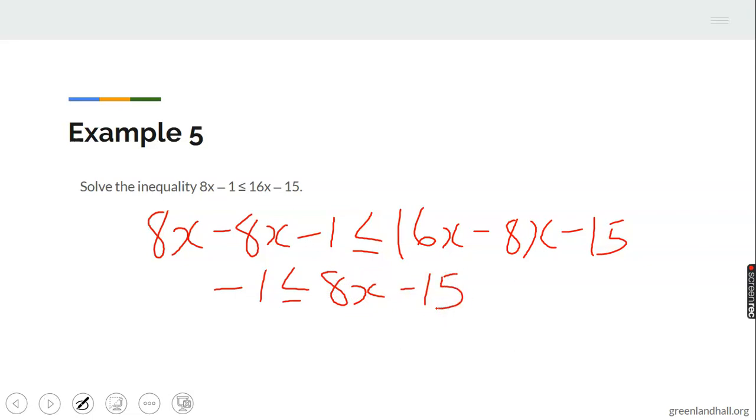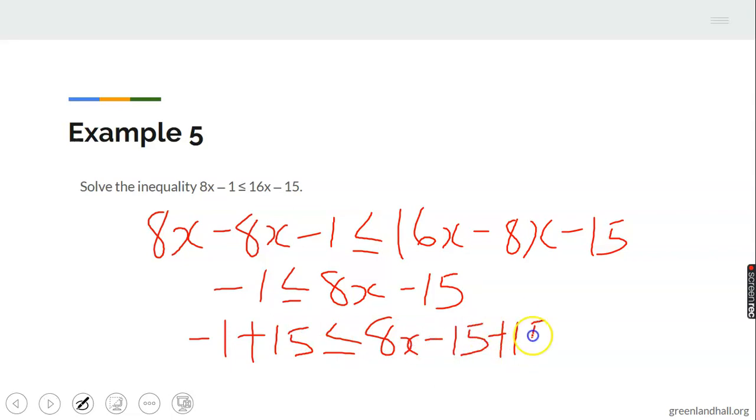Now, what do I need? I need x, so I must find a way to eliminate minus 15. So that means I'm adding 15 to both sides. So that will be minus 1 plus 15 is less than or equal to 8x minus 15 plus 15.